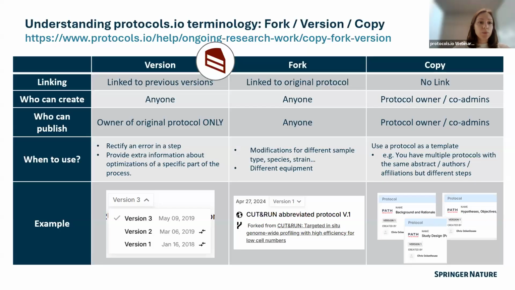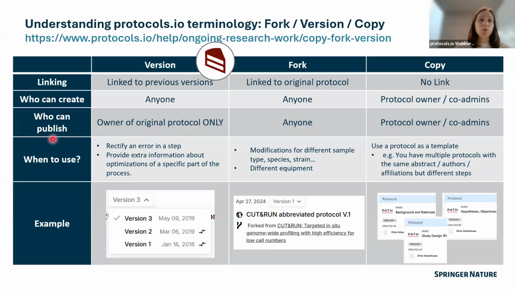So on the platform, we see that the new versions are linked to the previous versions, so you can navigate between them here. And anyone can create a new version, so their own private version of a protocol. But if you create a version of someone else's protocol, you'll need permission from them to publish it.